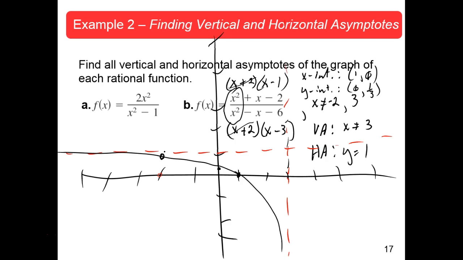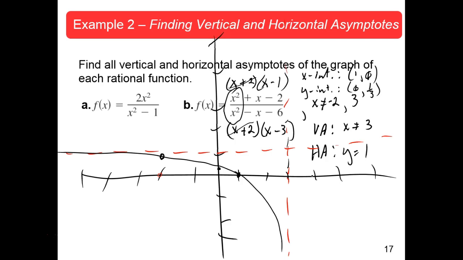So we need to do a test point here, and I would suggest x equal to 4. So let's apply x equal 4 and see what we get. What's 4 squared? 16. 16 plus 4 would be 20. Minus 2 would be 18. So remember, the numerator is 18. Denominator? 16.